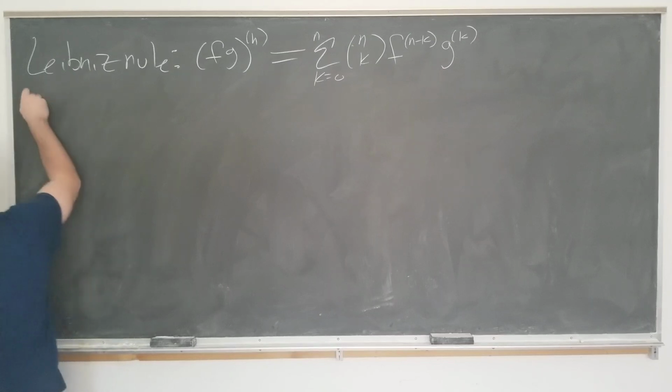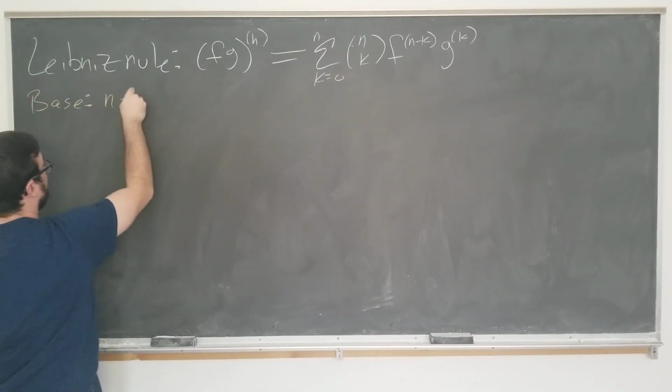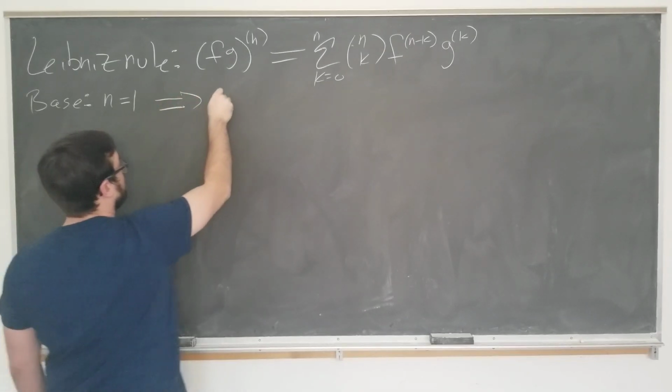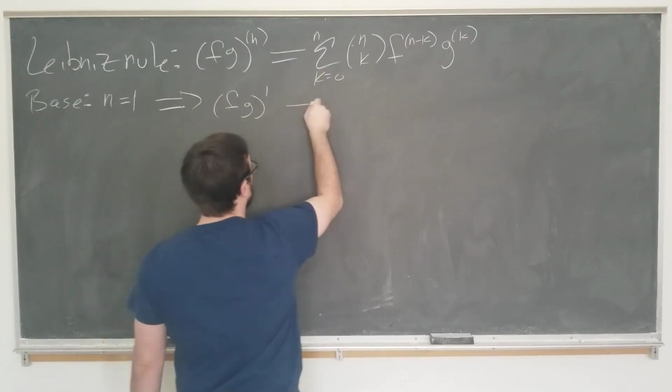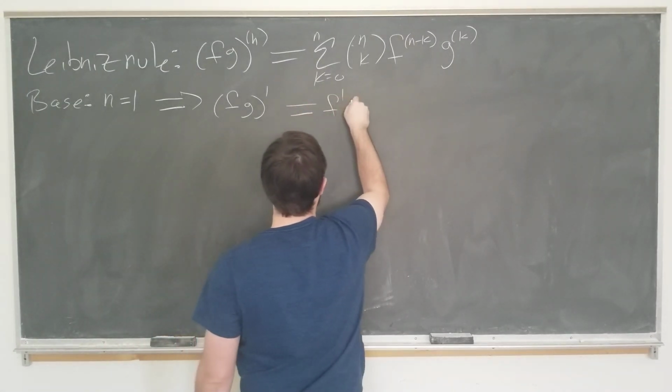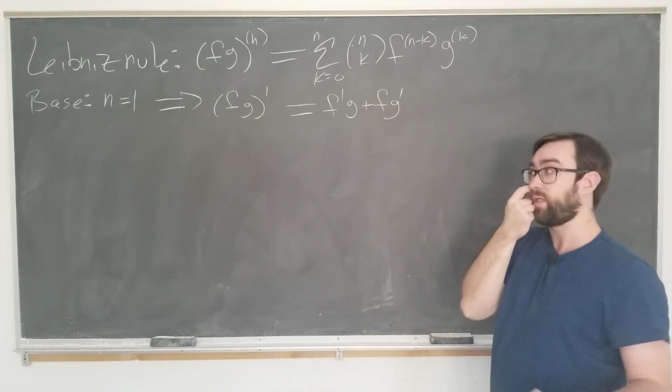Base case. We're going to use n equals 1, which tells us that the ordinary product rule, (fg) prime, is just equal to f prime g plus f g prime, which we know from elementary calculus.